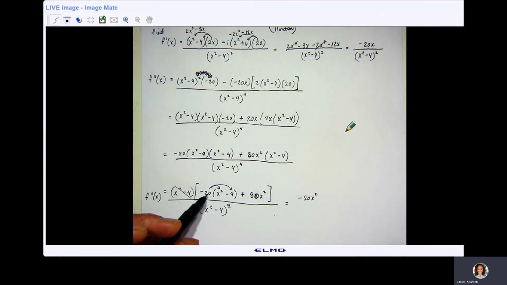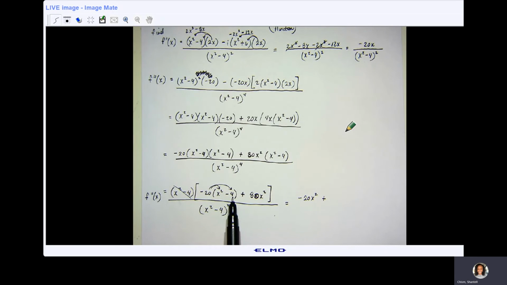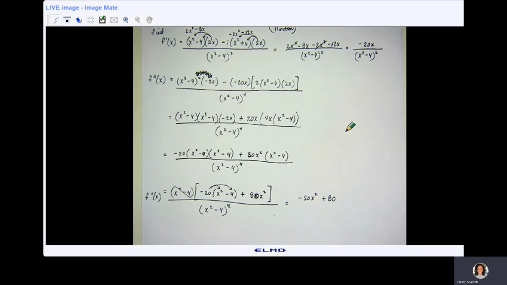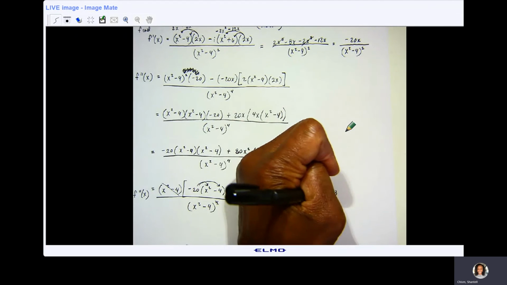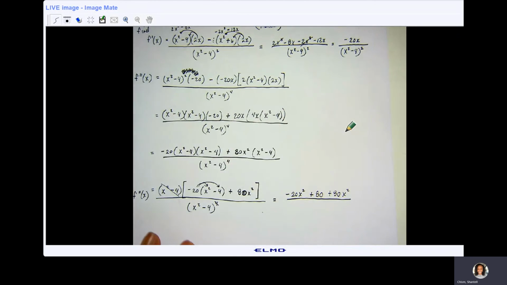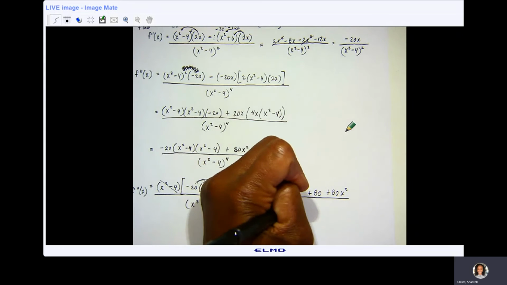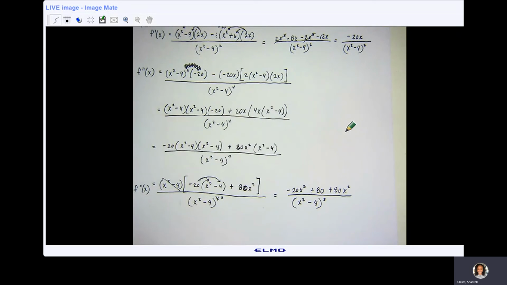And then I've got a plus 20 times 4. What is that? 80. A plus 80. And then I've got plus 80x squared. And that's all over x squared minus 4 cubed. Okay?